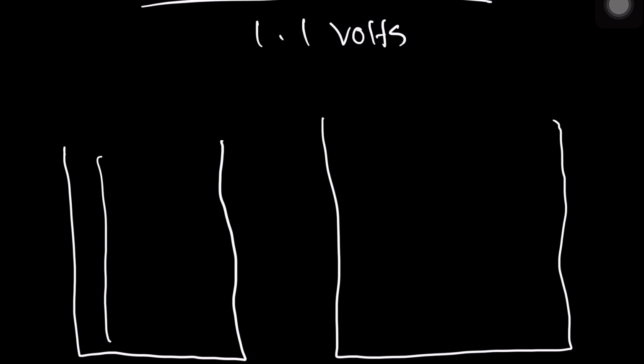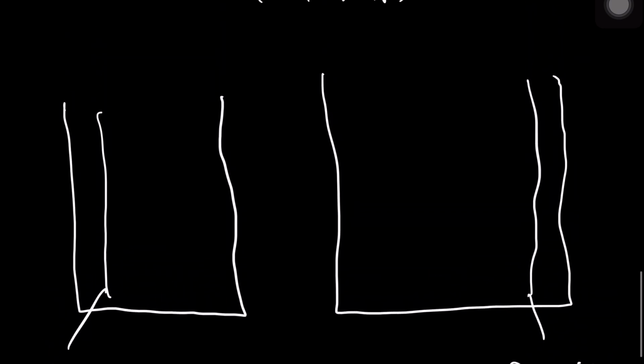This is the anode, this is the cathode, and this anode is actually made out of zinc again, and the cathode is made out of graphite. Again, they're connected using a voltmeter.